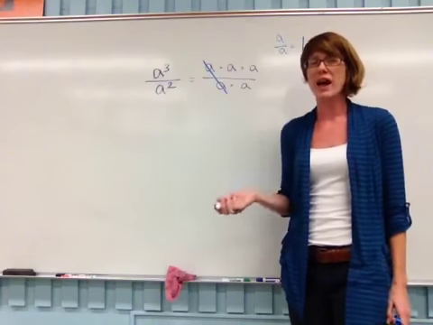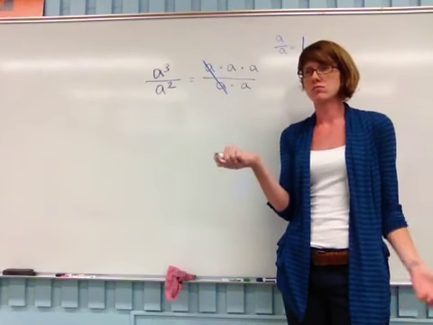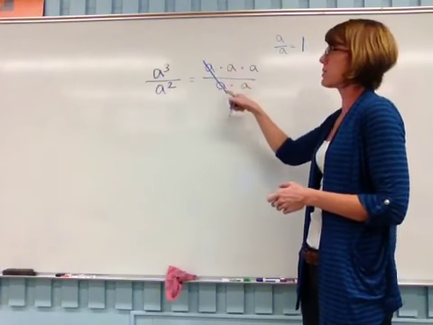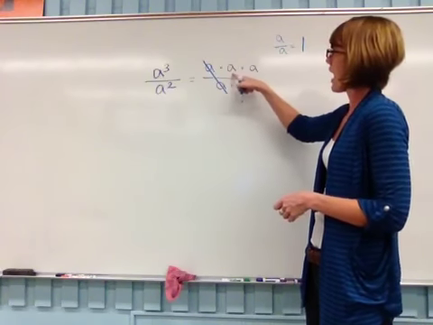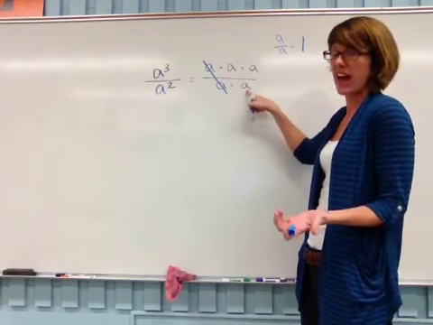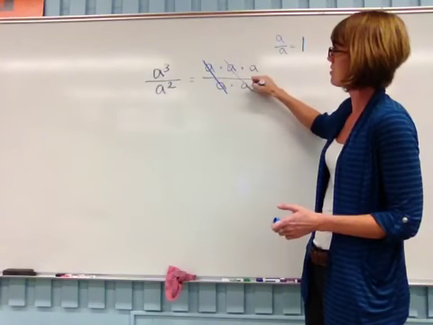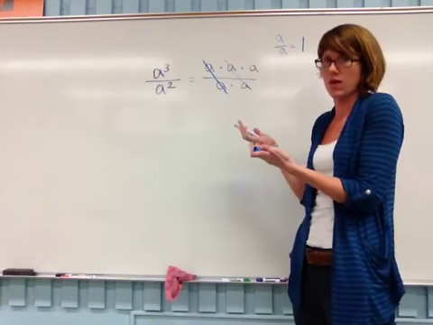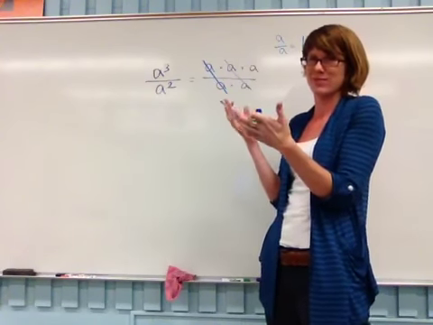But do I have to write out times 1? No, because it's the same thing. So we eliminated those two. A divided by A, again, is going to give us 1. We don't have to write 1. It's the same thing as times 1.